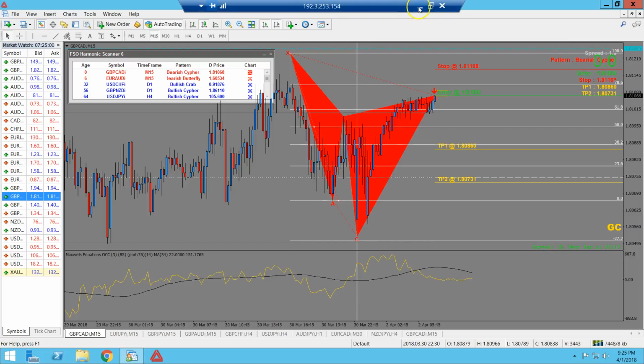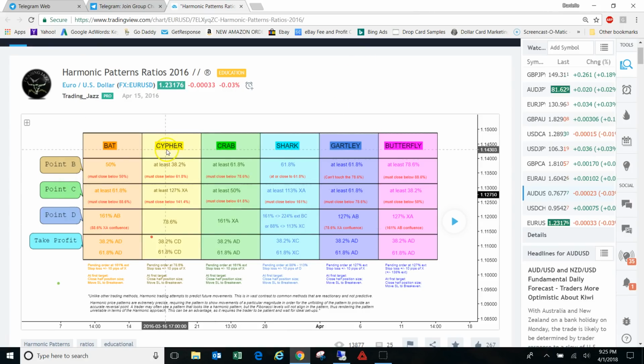Okay, so let's hop back over here and see what level point C should come at. So we're on the cipher, point C should be at least the 1.27, right? Must close below 141.4%.